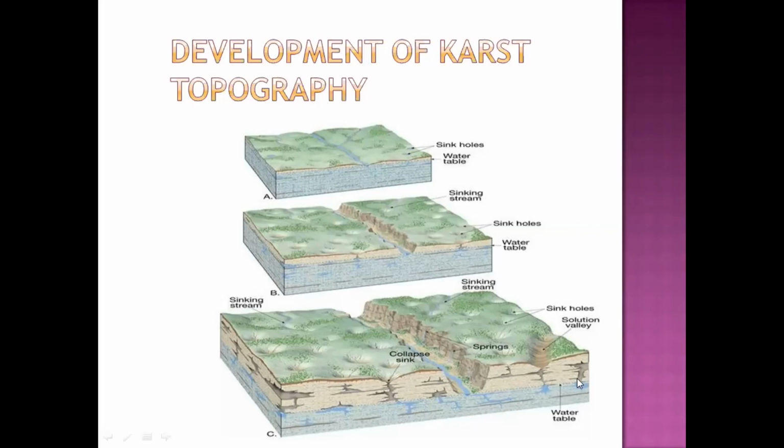You can see there is a solution valley, there are some springs, and a large cave and cavern system is normally developed in these types of environments. So, well, that's all for karst topography and the features that groundwater can form.